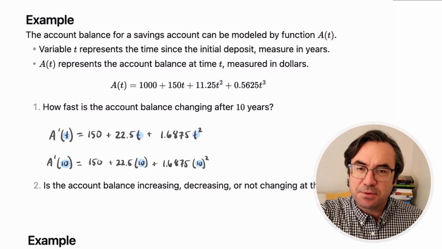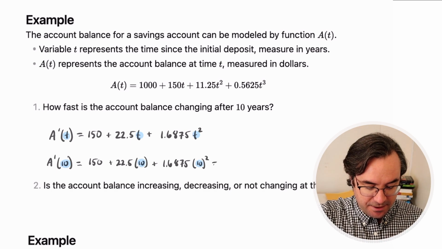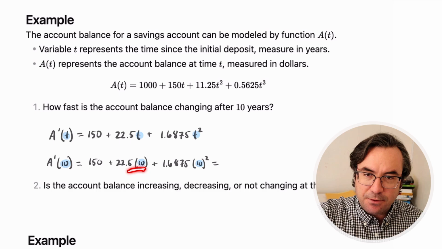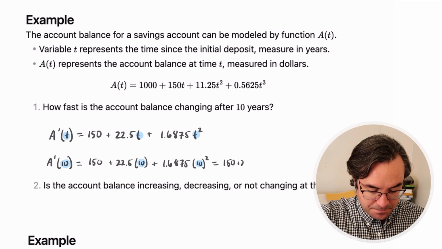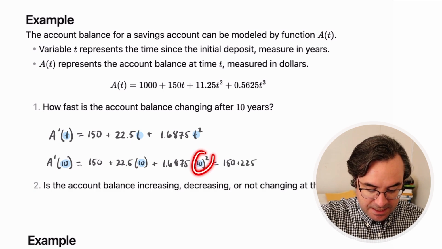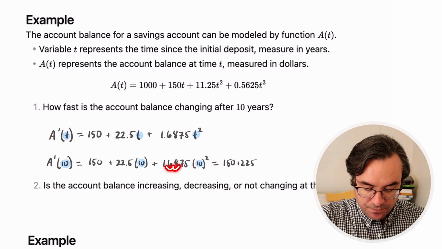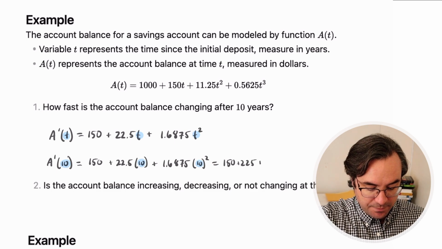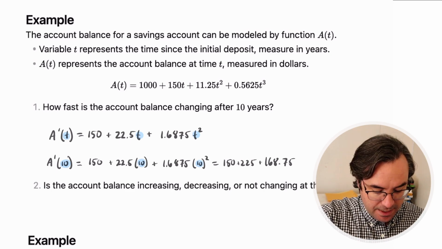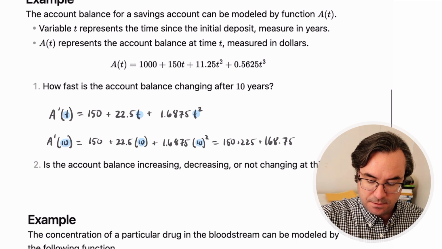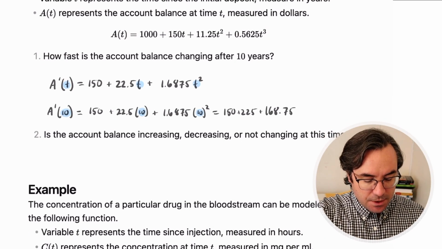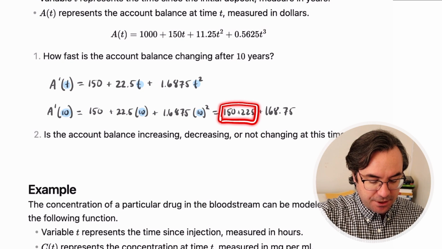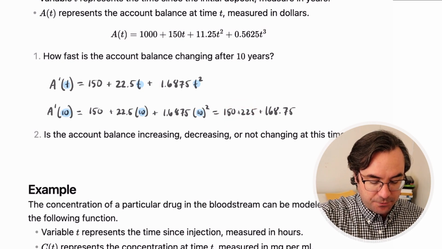And let's see if we can simplify this. Maybe we need a calculator, but we've got some powers of 10 here. Multiply that, we end up with 225. And 10 squared is 100, so we can just move the decimal place over a few. So we end up with 168.75. From the first two terms here we're going to get 375.